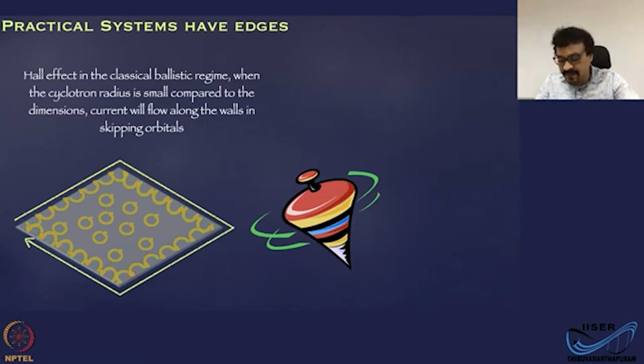But the important point that you probably want to notice is that along this edge, the charge carriers move in one direction, but along the opposite edge, the charge carriers actually move in the other direction. So there is a chirality, and the electrons which move in forward and reverse direction are at the opposite edges. They are not at the same edge.